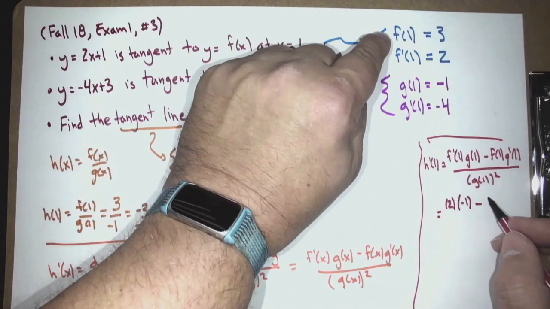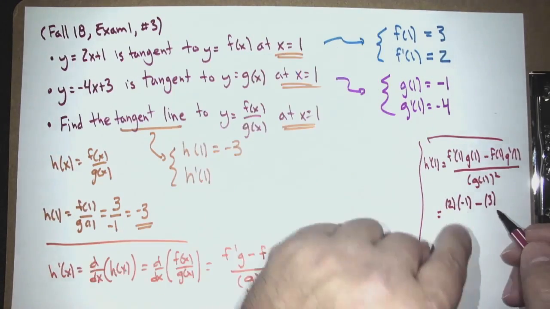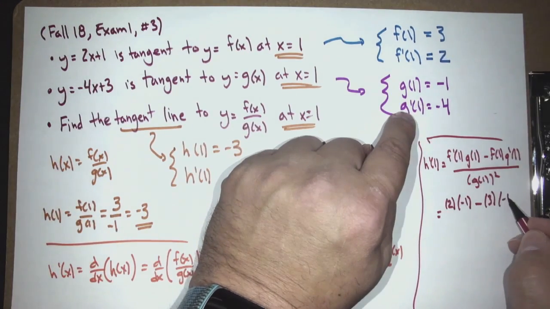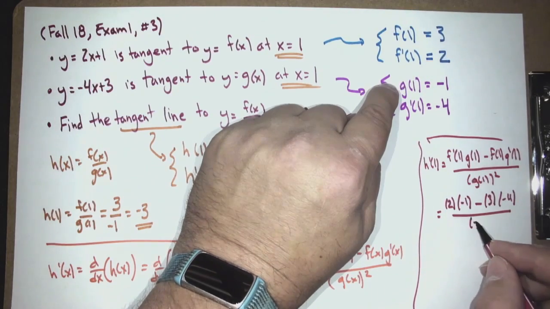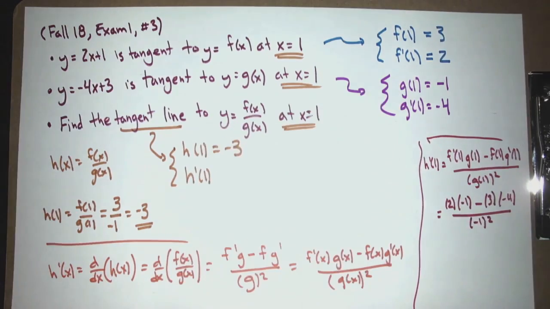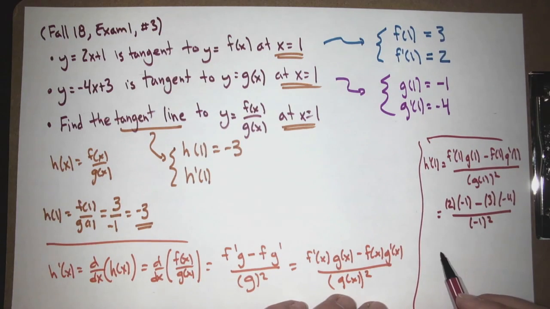F of 1 is the number 3. G prime of 1 is the number negative 4. G of 1 is negative 1, and we're squaring that. Negative 1 squared is 1, so we don't need to worry about the denominator anymore. And let's see, what do we have? We have minus 2, and then we have plus 12, also known as 10.